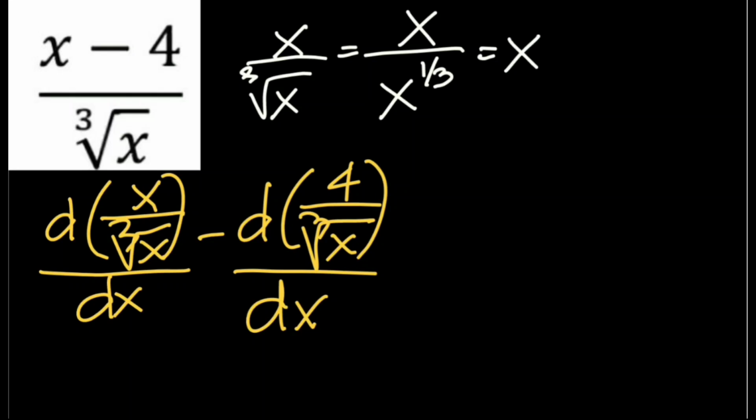We copy the base and then we subtract, not divide. We subtract the exponent of the numerator, which is 1, minus the exponent of the denominator, which is 1/3. So this would become x to the 1 minus 1/3, which is 3 minus 1 over 3, which is 2/3. So this is x to the 2/3.